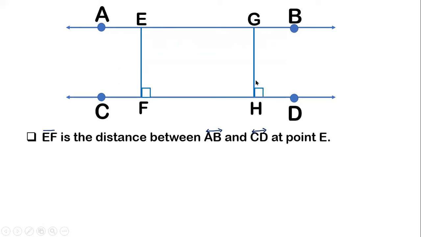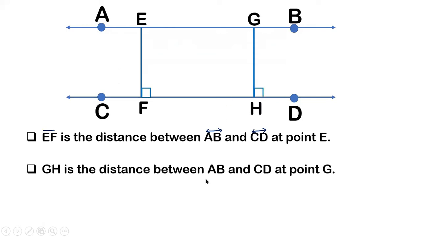And the line segment GH shows the distance between line AB and line CD at point G.